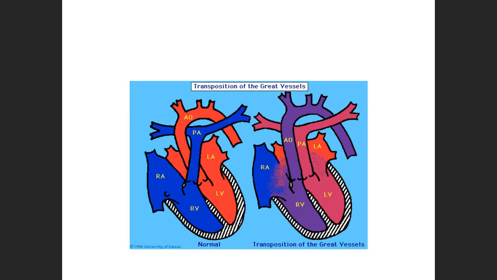So there are, in fact, two parallel circulations. Obviously, this is not going to be compatible with life. In utero, there are communications which exist, and the communications which exist are the patent foramen ovale and the patent ductus arteriosus.